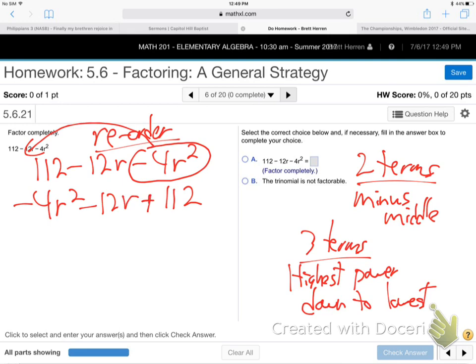Everybody with me on that? When you move that minus 4r squared to the front, you take that minus sign that's on it. That's his baby. Right? You're not supposed to lose your baby, right? Keep that minus sign with it wherever it may go when you move it, right?